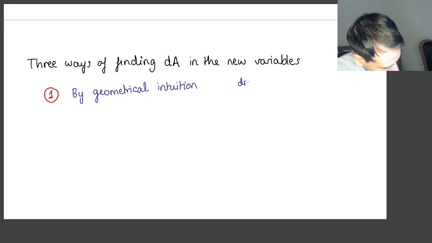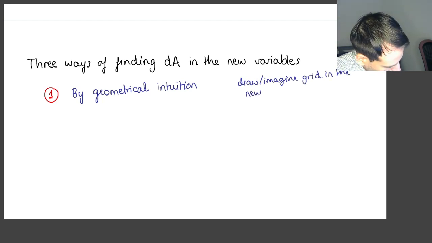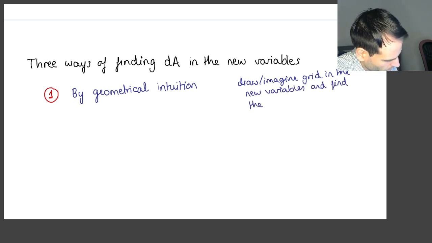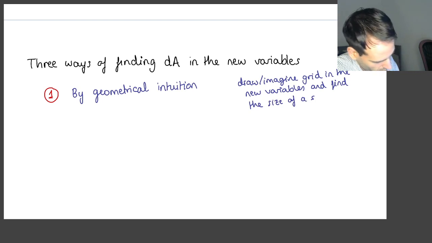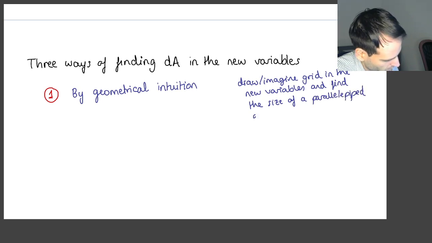So draw or imagine the grid in the new variables and find the size of dA, or the size of a square of the grid. Let me call it with a proper name, a parallelepiped, which is the more general case of the grid.